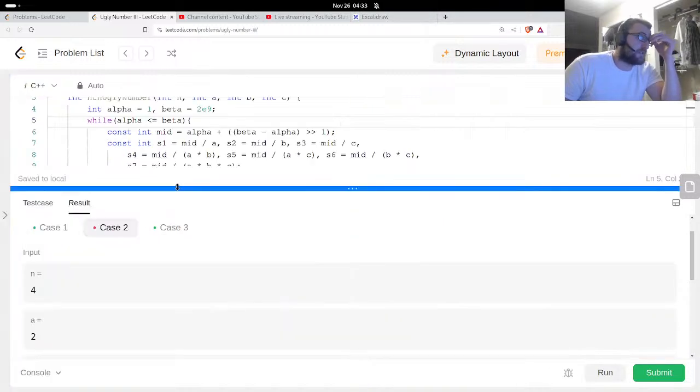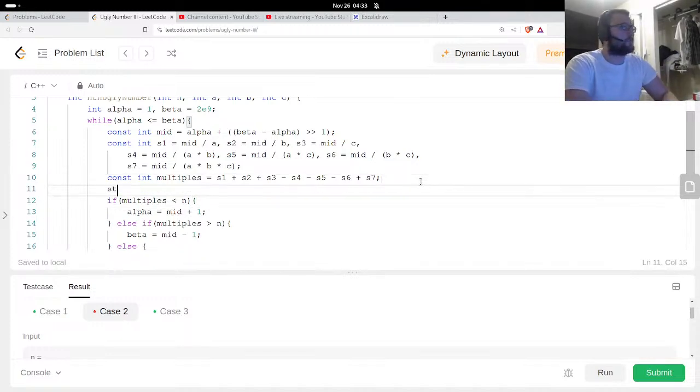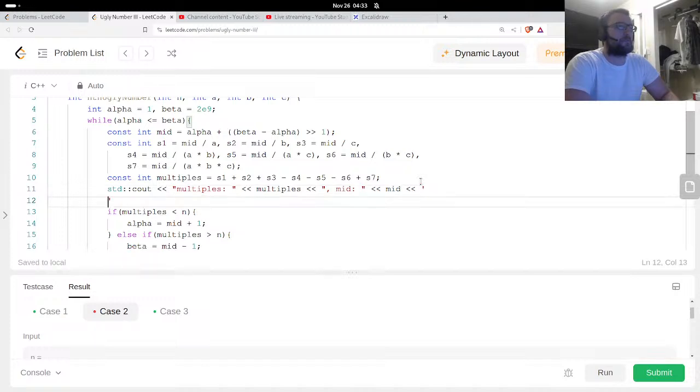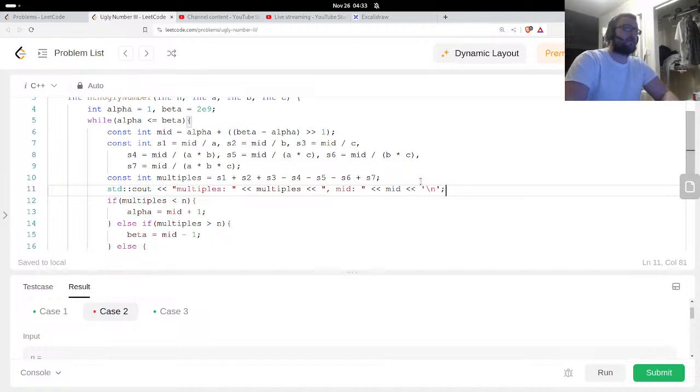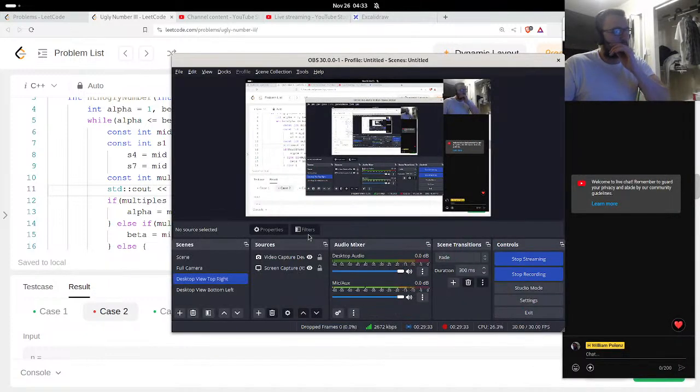What are the numbers that I came up with here? Multiples, and mid. Put in a new line character here. What happens here? That test case. It's close, but not quite right.